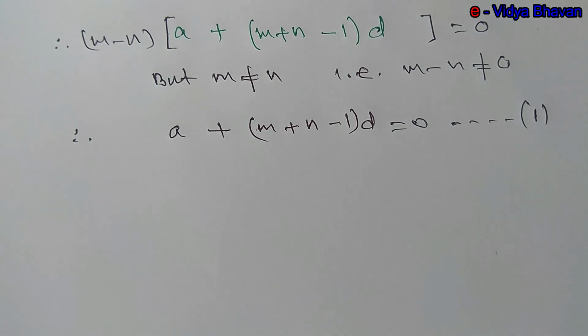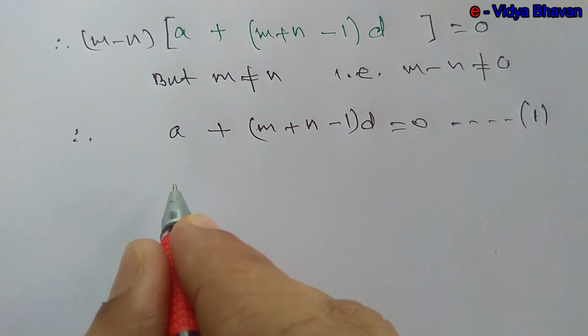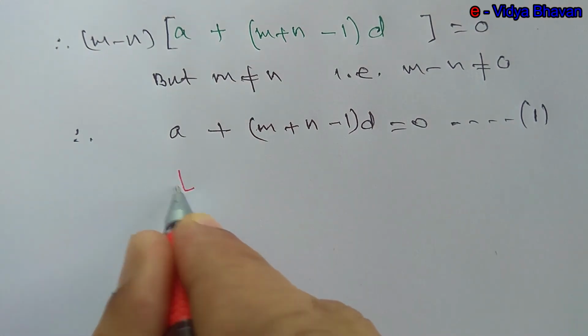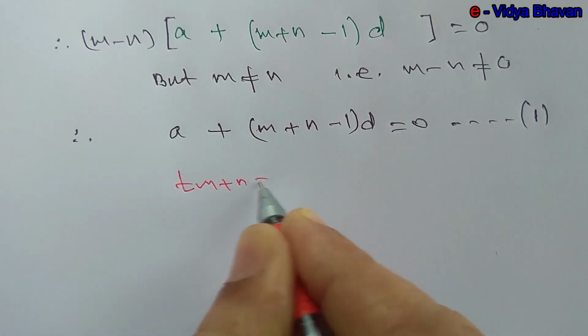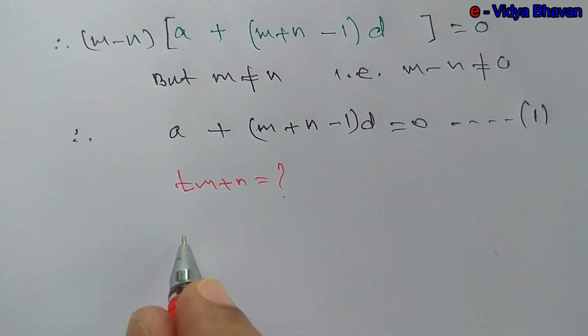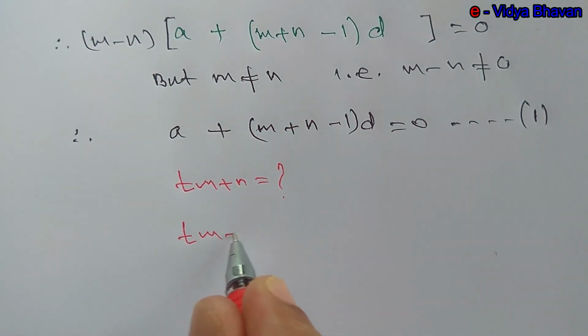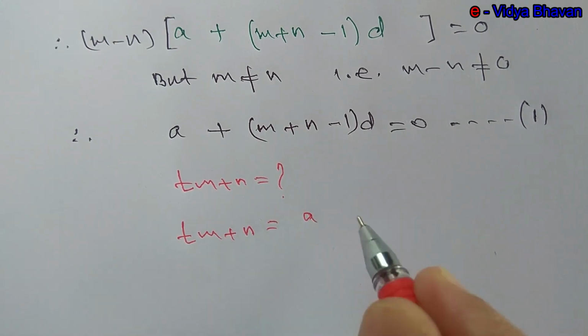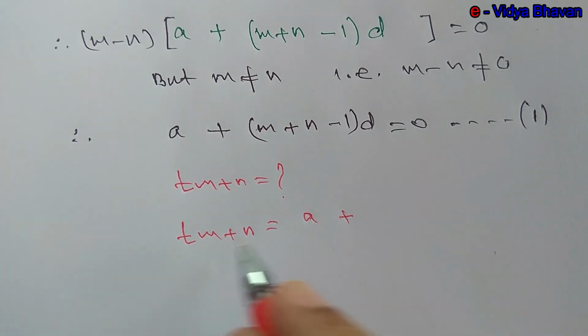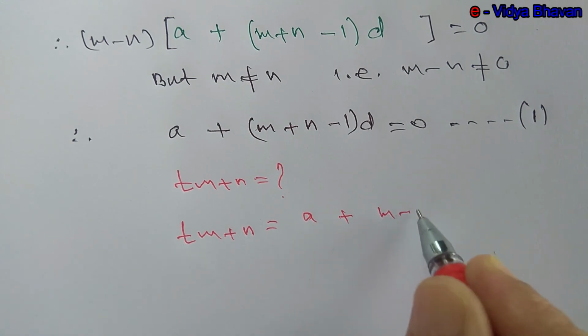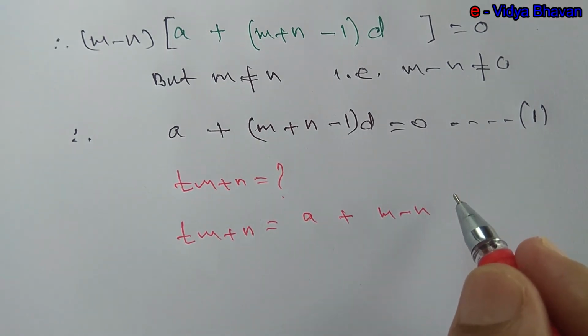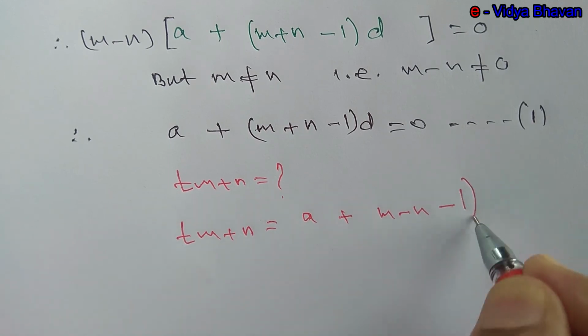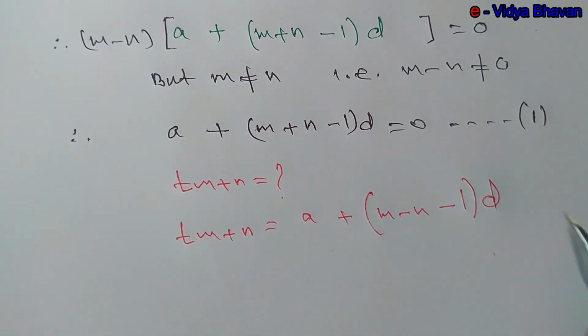Now we are interested in finding T m plus n. So we can use the formula. T m plus n will be nothing but a plus, with a will be a only, and for d, n will be replaced by m plus n minus 1 d.